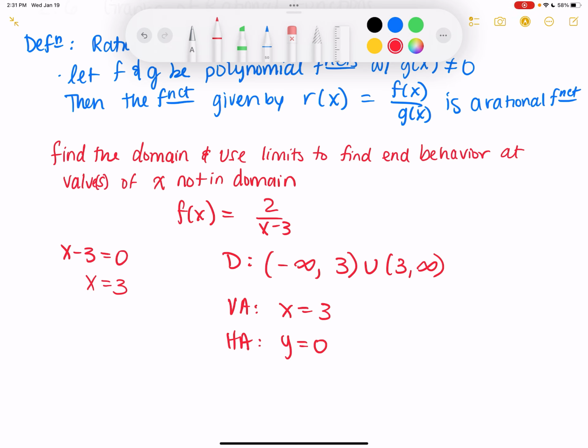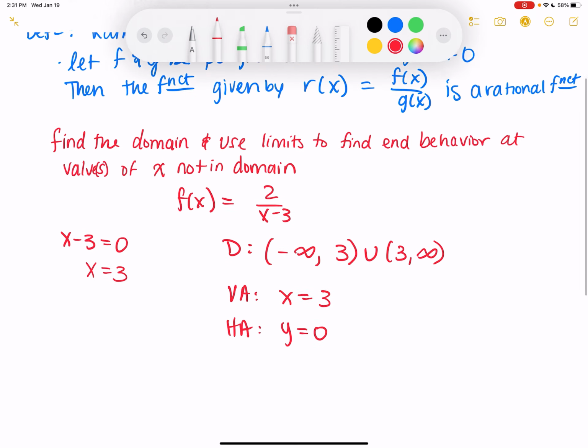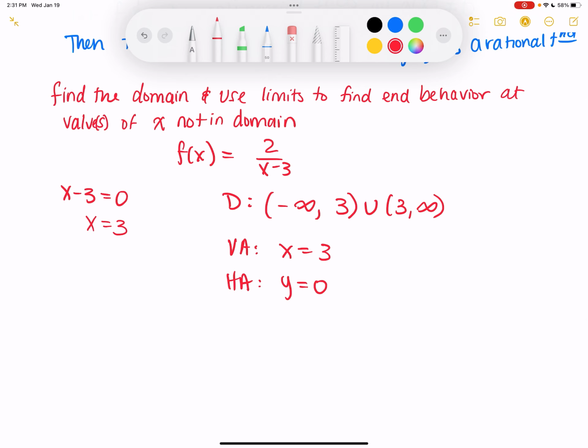So then what this wants us to do is talk about what's happening at the point where it doesn't exist, when it's talking about limits. The limit as x approaches 3, and when it's got the little minus sign on top, that means from the left. So as we get to 3 from the left, something like 2.99999, what happens to f of x?